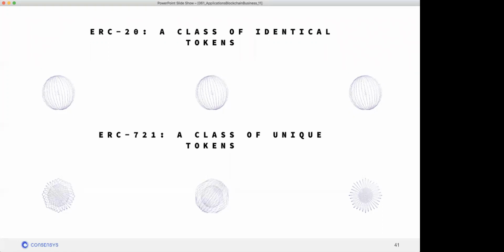You can think of it from a fiat currency perspective, say Australian dollars: all $20 notes are the same, so they're fungible. Whereas maybe there is some sort of game card or something, and each of those things is different.